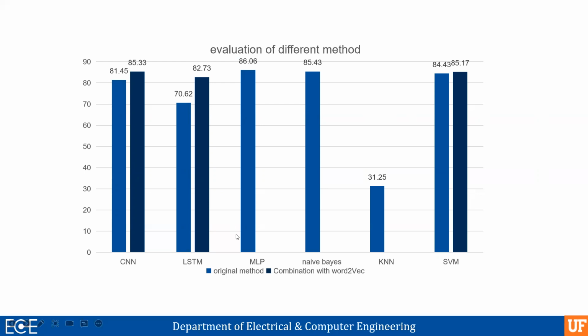But the thing that impressed me most is the result of MLP. Although it's a very naive deep learning method, a very easy neural network, maybe because our data set and our task are very simple, it got 86% accuracy.